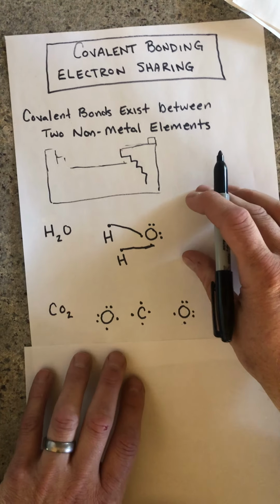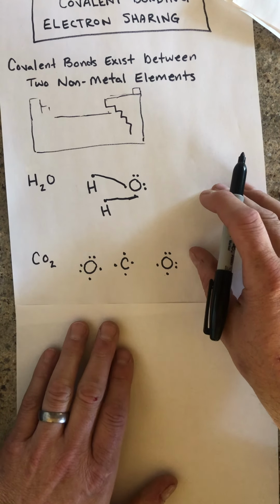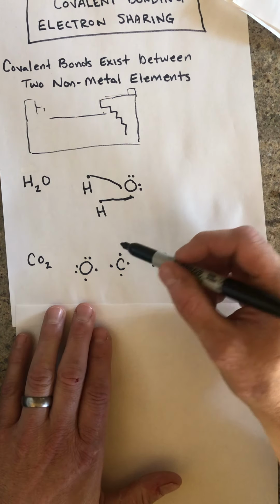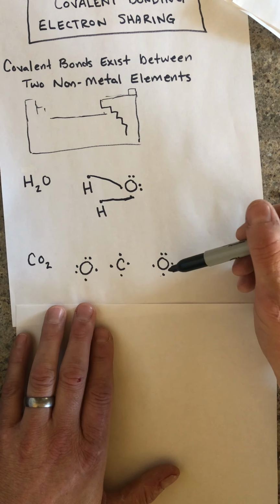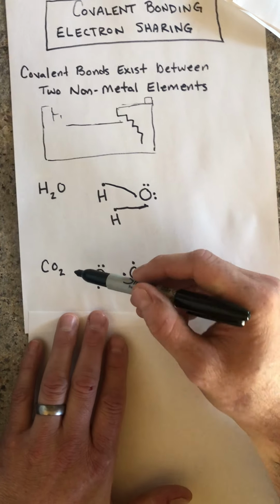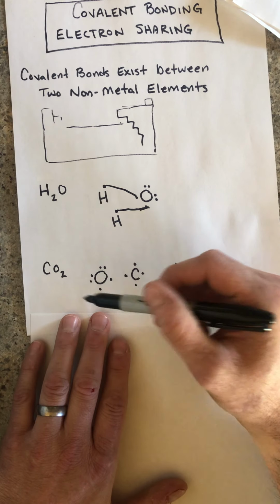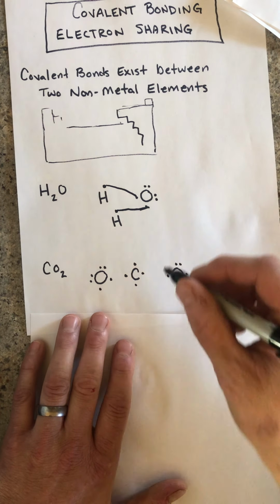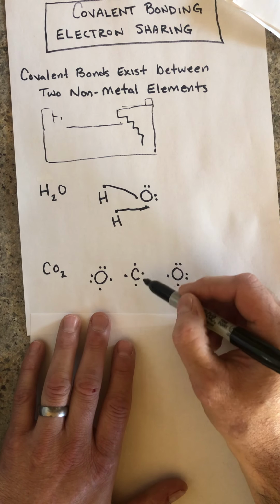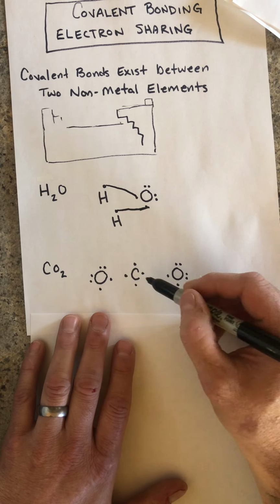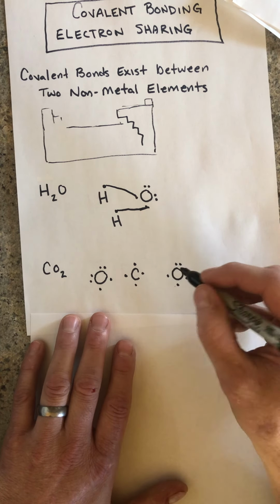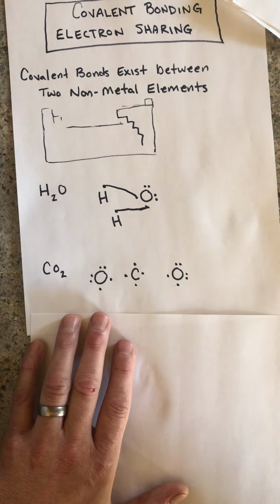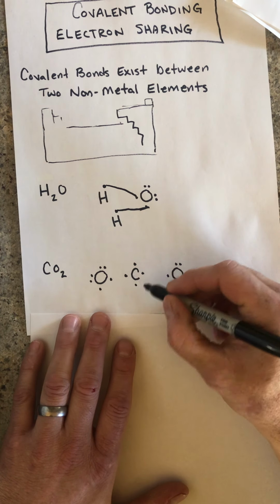Okay, and let's see how this can work with another compound. So here is oxygen, two oxygens and a carbon to make what we call carbon dioxide. This is probably a compound you're familiar with. So here, carbon typically sits in the middle of these structures. And you'll notice that carbon has 4 single electrons.